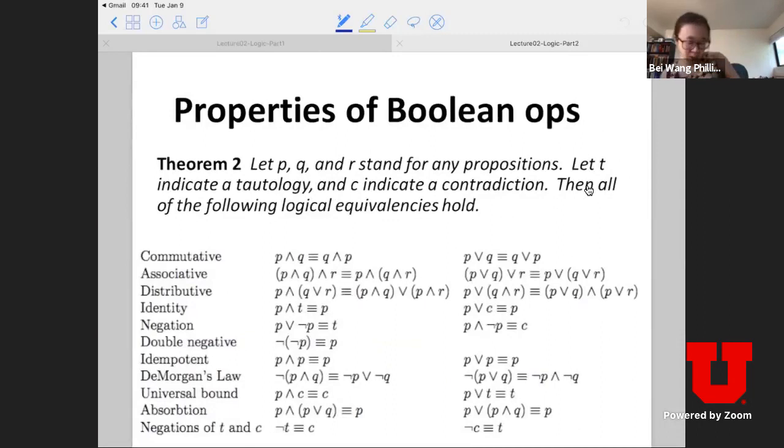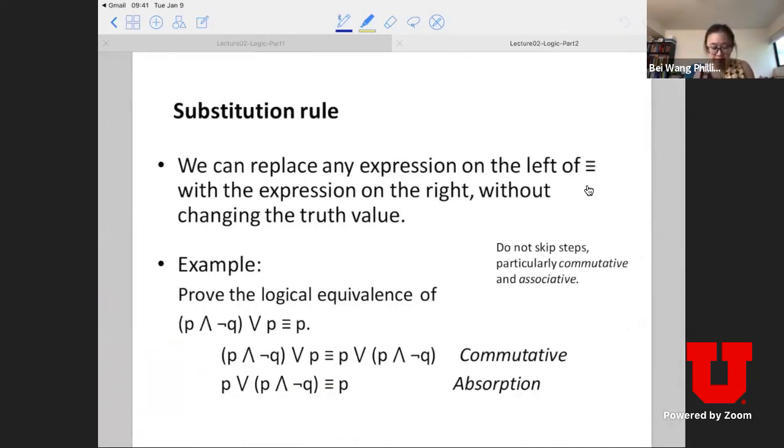All right, so we are going to be using theorem 2 to prove logical equivalence. Again, this is a quick review of all the different rules that belong to theorem 2. Again, as I mentioned before, the ones that are most tricky to use are distributive and De Morgan's law. Okay, so let's start with an example we have seen before.